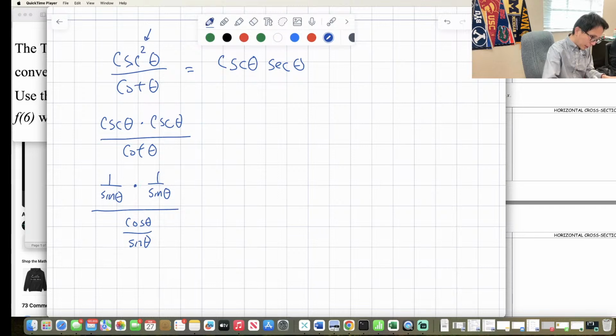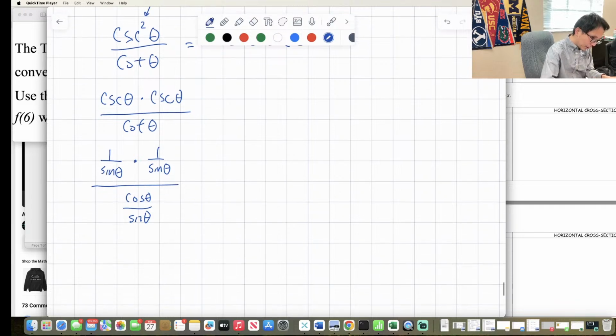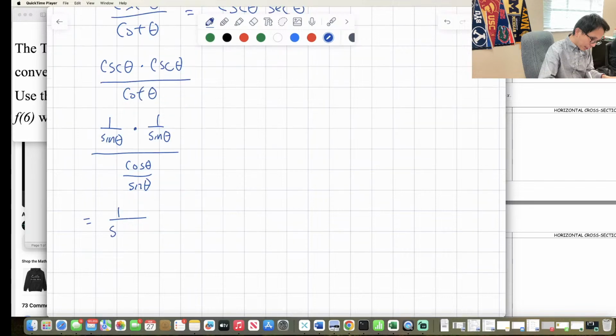So I have 1 over sine theta times sine theta, and this one I keep, change, flip. So it'll be sine theta over cosine theta. So this one is going to cancel out like this, and it'll be 1 over sine theta times 1 over cosine theta.